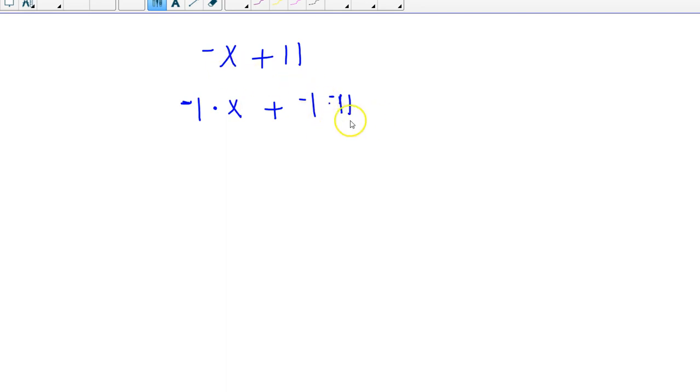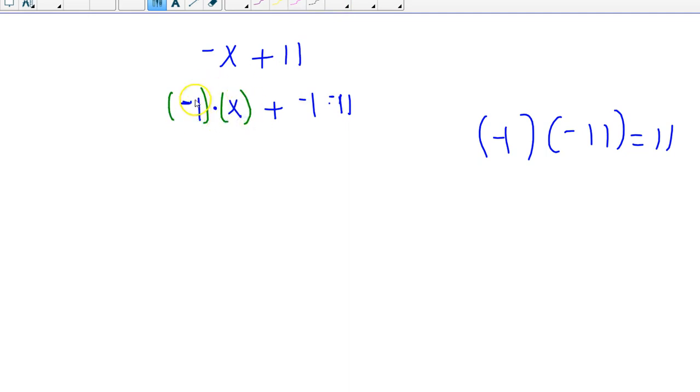And negative 1 times negative 11 gives you positive 11. So we didn't change anything. For your understanding, I can put them in parentheses. x times negative 1 is negative x, and negative 1 times negative 11 gives you positive 11.